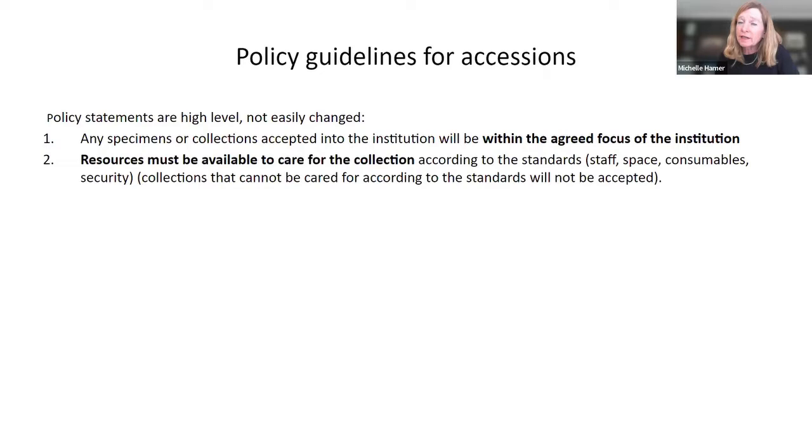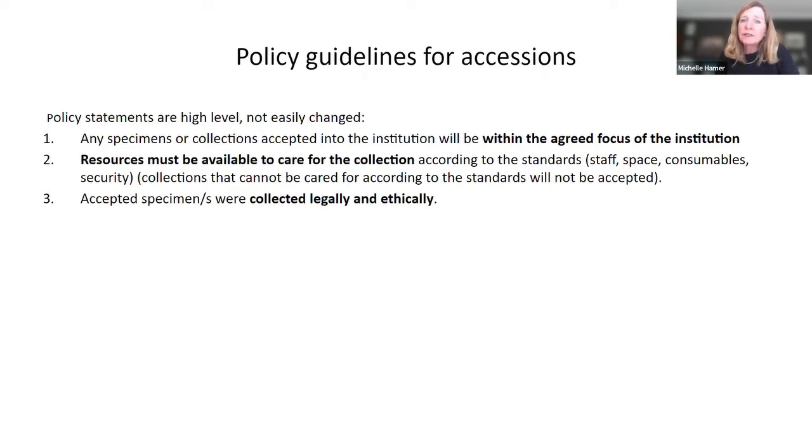Then the second point that should be a policy statement is that you can only accept specimens or collections where you have the resources to care for that collection or that specimen. So you must have the staff, the space, the consumables, the security to be able to look after it. If you can't, then you shouldn't accept the collection.